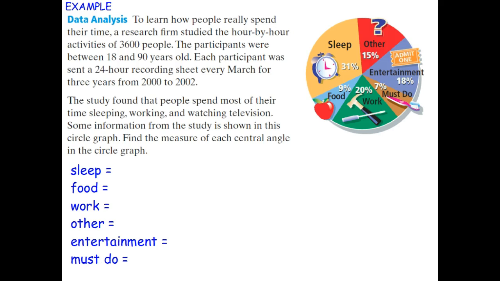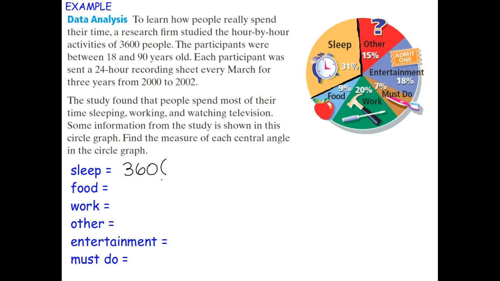So if we look at sleep, sleep is the biggest portion up here. Okay, we can see that 31% of this circle is sleeping. So if we know that the total number of degrees in this circle is 360, all we have to do is take 360 times 31%.